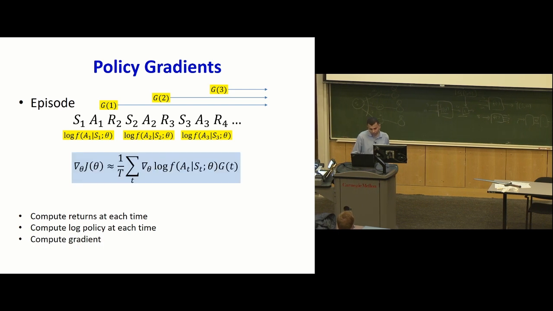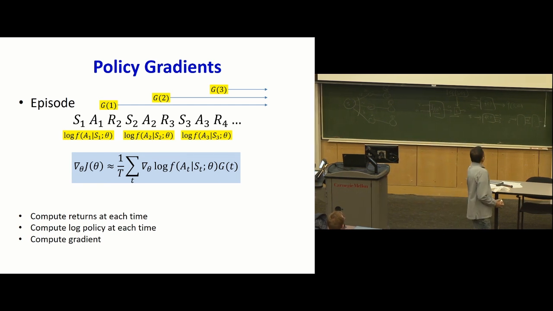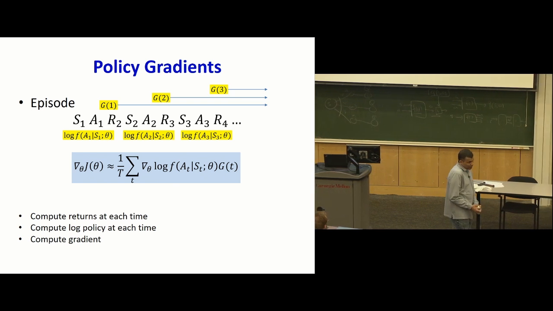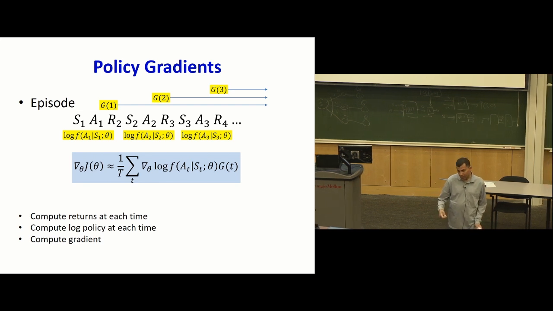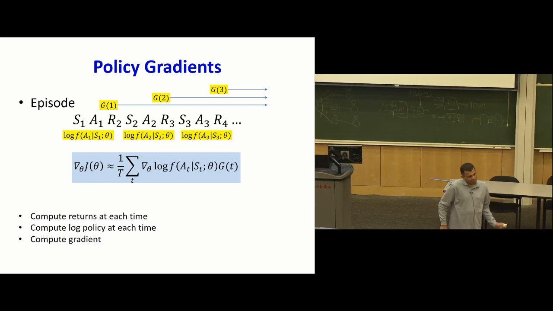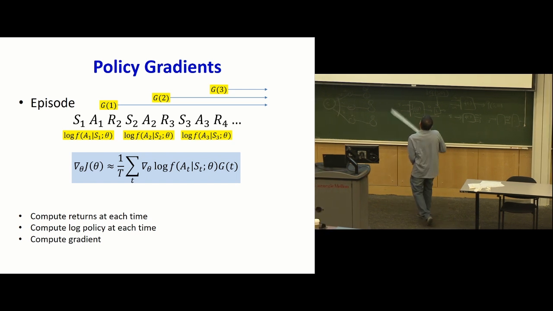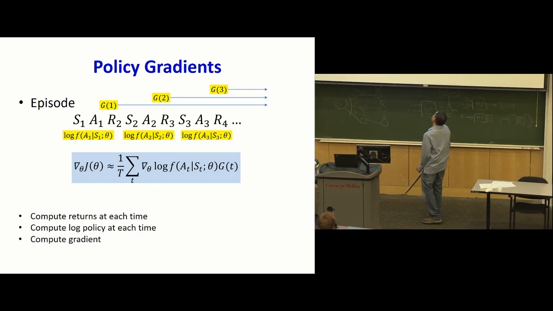And that's your forward pass in your network. And now I have my derivative with respect to theta, which is simply going to be the derivative of the log of each of those f's with respect to theta times the corresponding return averaged over the entire episode. And this derivative of log of f, if you were using a network, is something that you would compute using backprop, right?